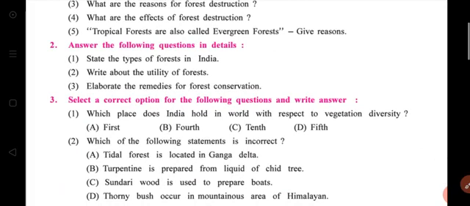See students, mostly students don't do homework regularly and don't submit, because I see in the app that mostly students don't submit. So please be regular and do homework.